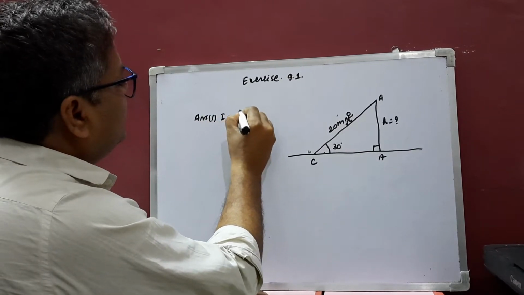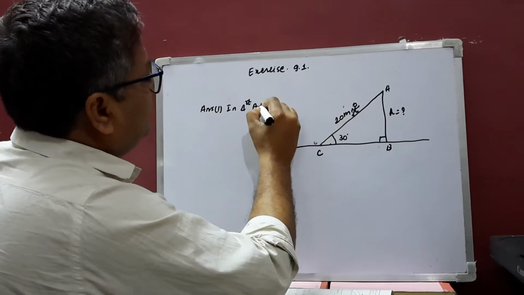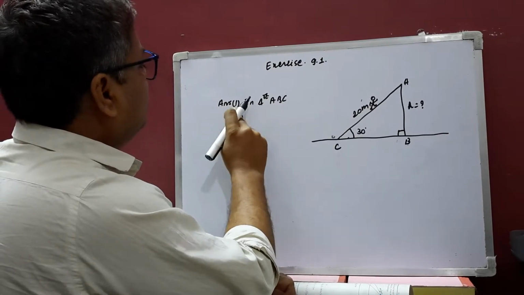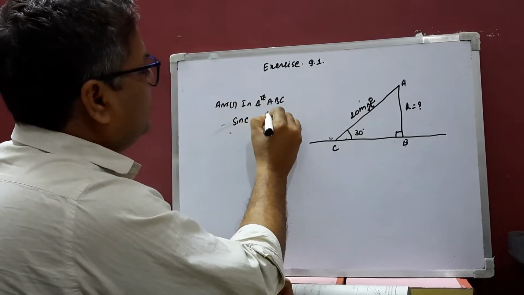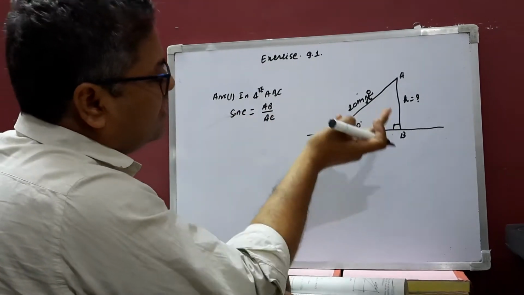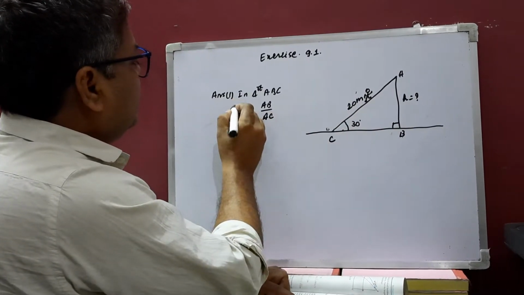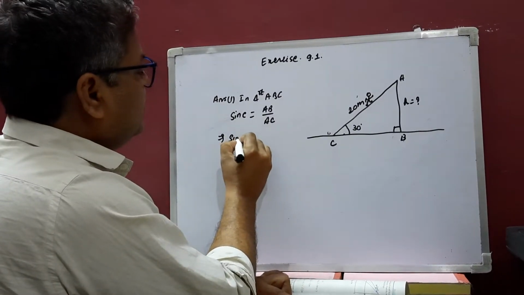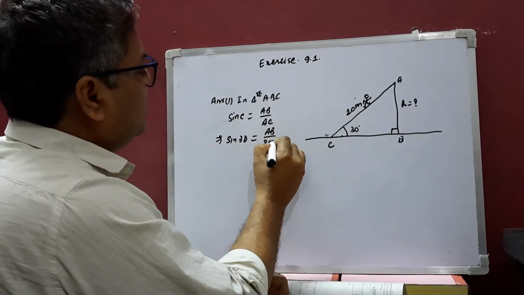In right triangle ABC, sine C is equal to AB by AC. You have to select the trigonometric ratio which relates perpendicular and hypotenuse, and it is sine C here. The angle C is 30 degree, and this is AB and this is 20 meter.